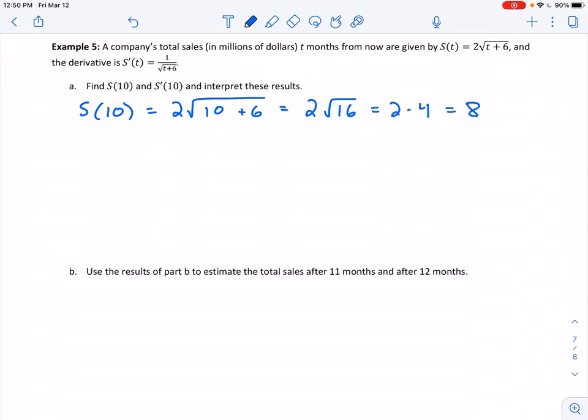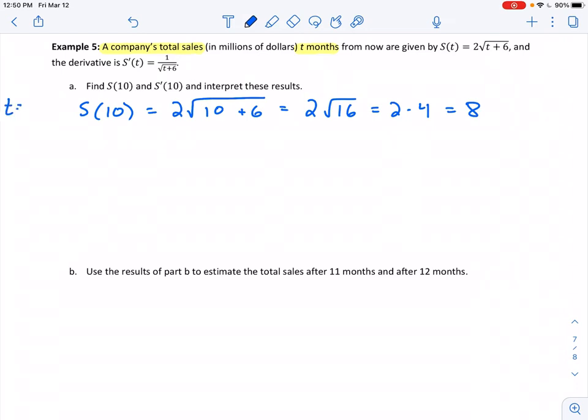If I want to talk about what this number represents, I want to look back at, well, what did this problem tell me my function represented? This function represents a company's total sales in millions of dollars t months from now. So we plugged in t equals 10.